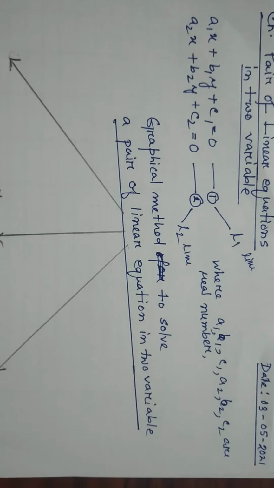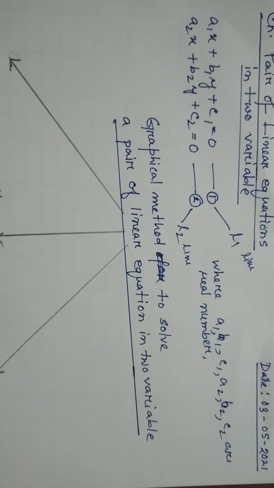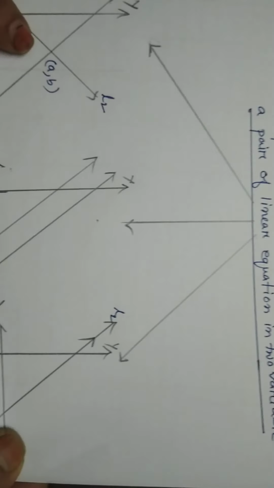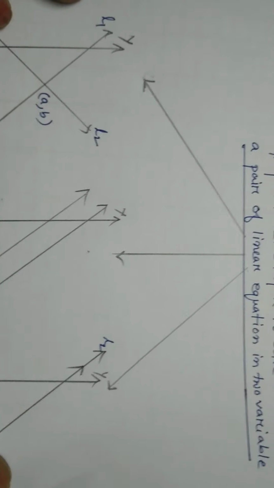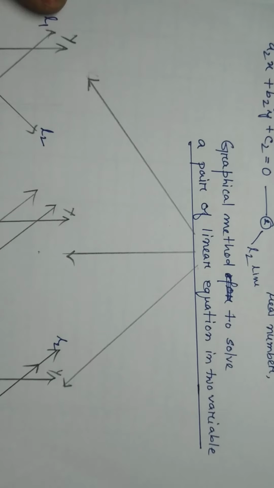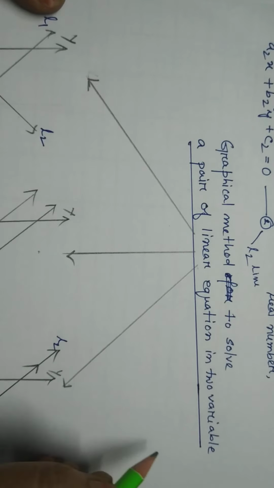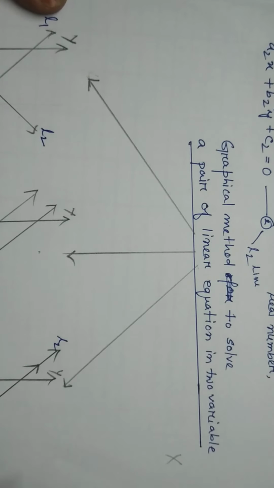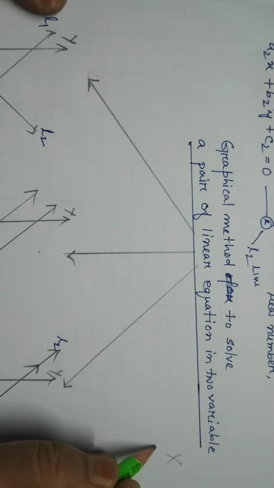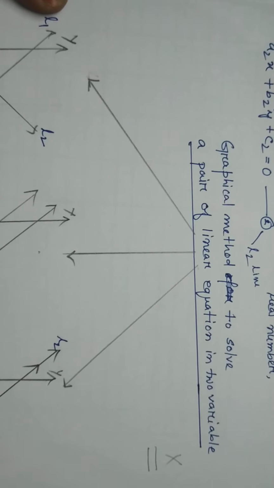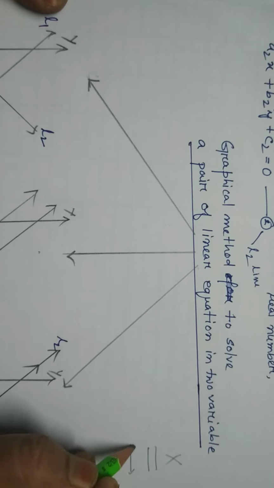Now the graphical method for solving a pair of linear equations in two variables. If two lines are there, then the lines may be intersecting like this way, lines may be parallel like this way, and lines may be overlapping each other, which is known as coincident.